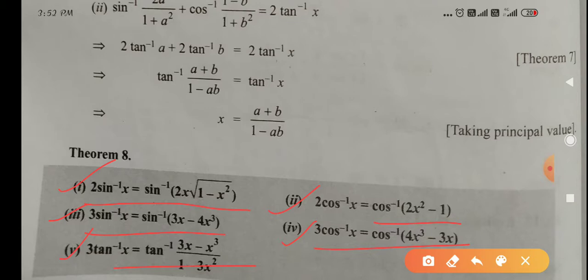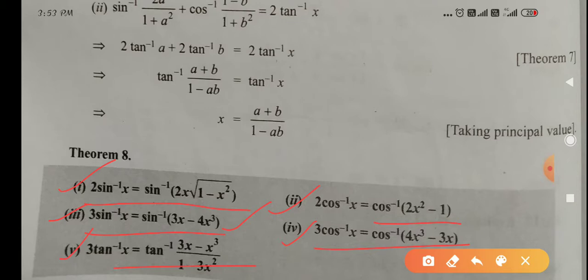And how to learn these properties? As I told you, trigonometric functions you have studied. If I talk about this property, 3 sin inverse x equals sin inverse of 3x minus 4x cubed, you remember the formula sin 3a.